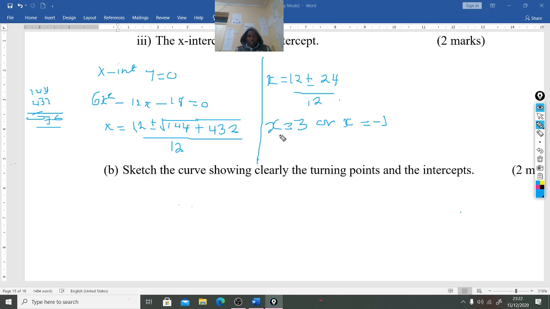The x-intercept is where the value of y is 0, so we have 2 points here: 3, 0 and another point, negative 1, 0. That is where the curve will cut the x-axis. It will cut the x-axis at 2 points.